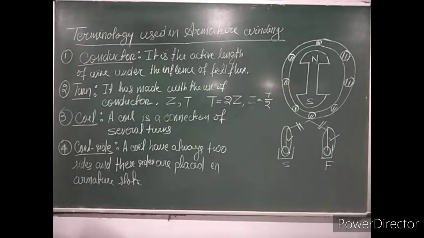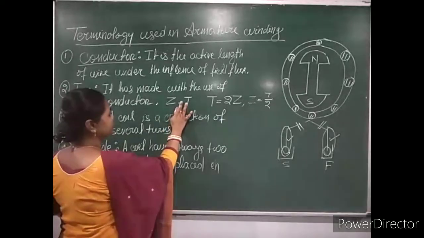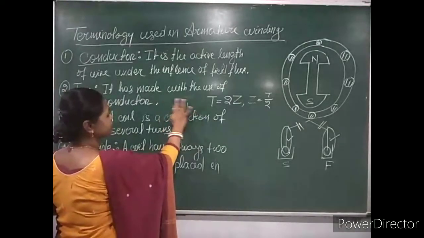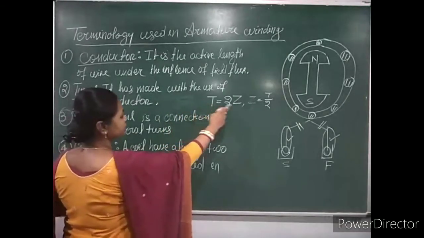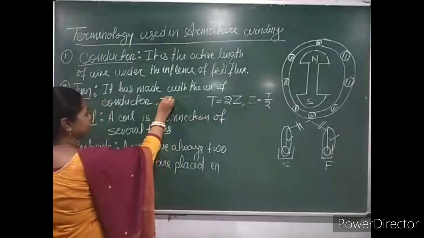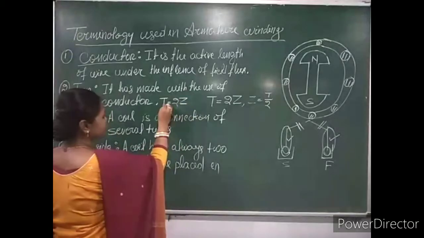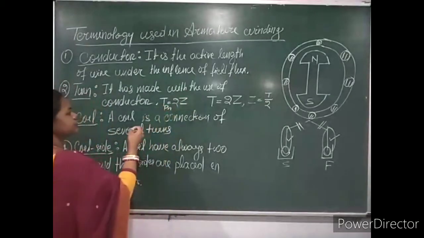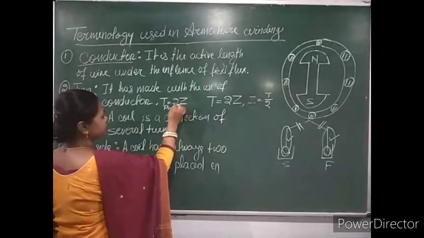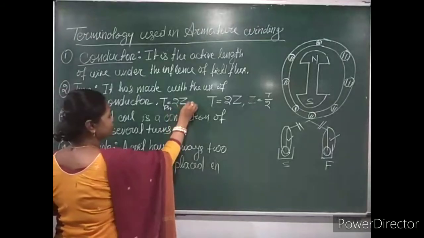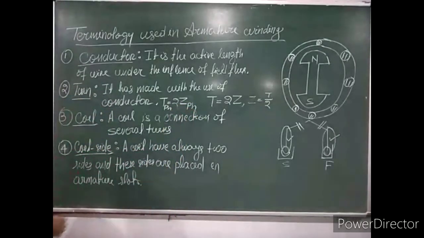And if I take a 3-phase machine, then what is the relationship between the number of turns and Z? The number of turns per phase is equal to the number of conductors per phase divided by 2.